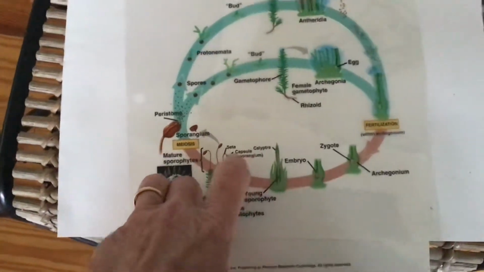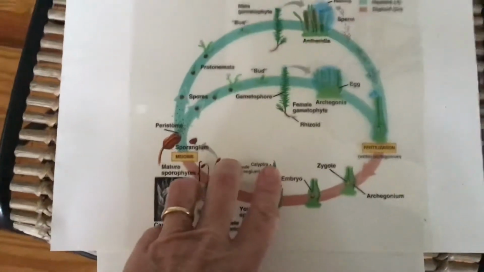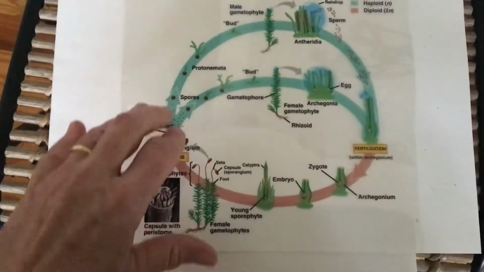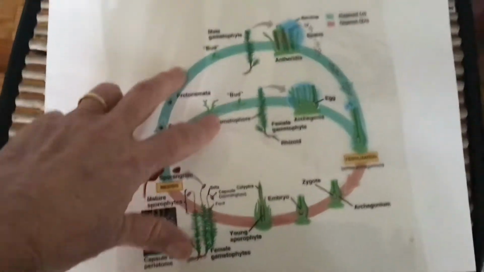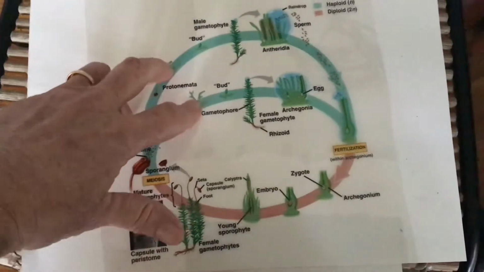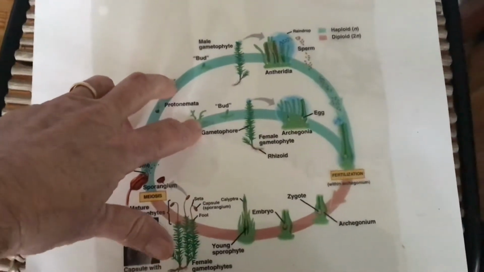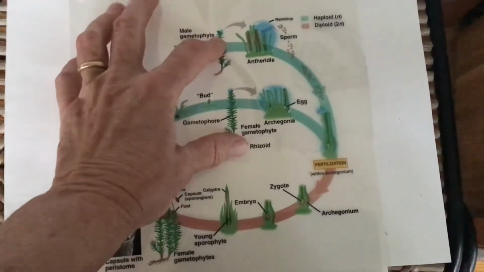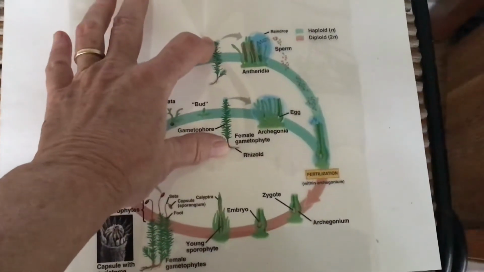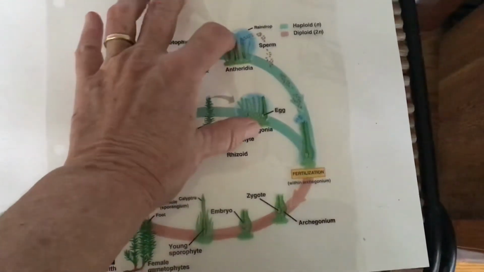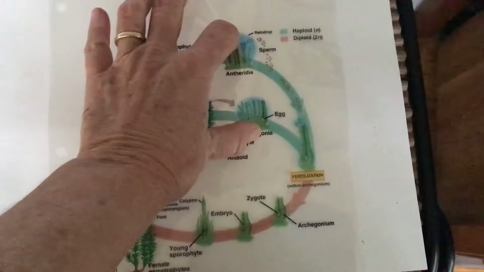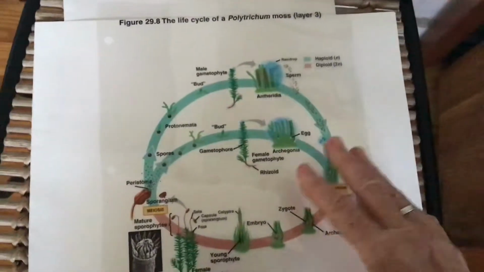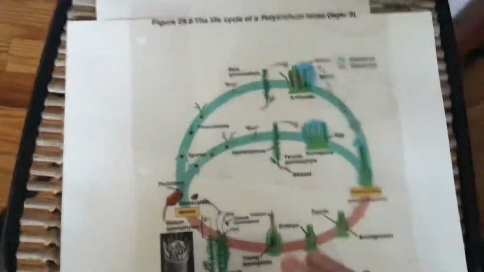This is the 2N structure, and then it will produce the gametophyte, which grows into this longer thing called a protonema, and then that will grow into the gametophytic multicellular structure that has archegonium and antheridium that produce egg and sperm. Okay, so it's the same life cycle, just a different view. Gametophyte up here, sporophyte down here.